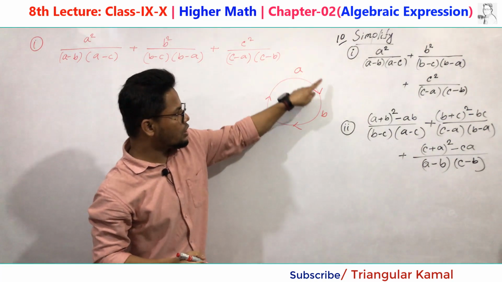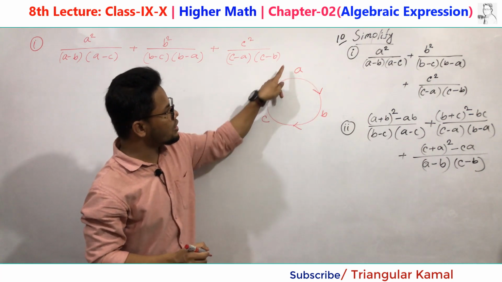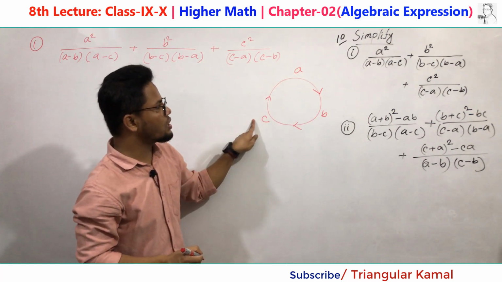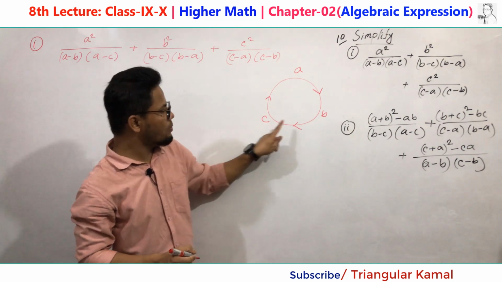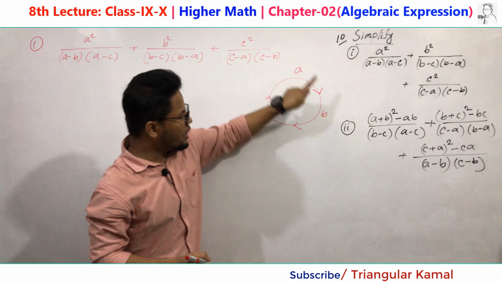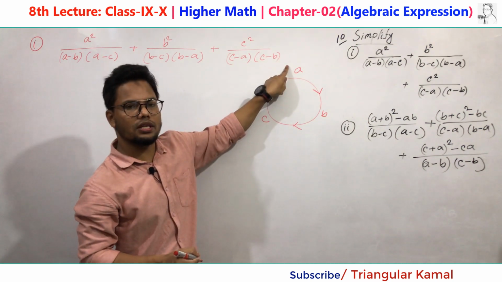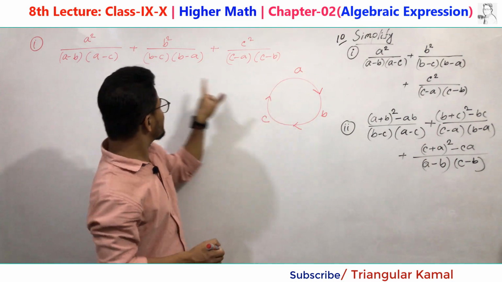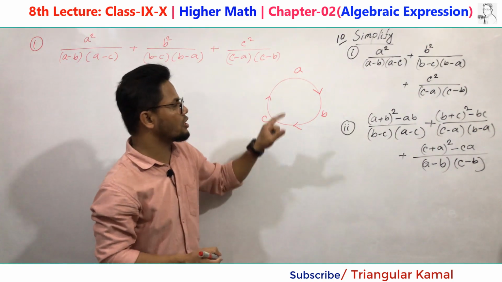So definitely it will be like clockwise in the three letters a, b, c. That is a minus b, b minus c, c minus a, or a plus b, b plus c, c plus a. So definitely first we have to arrange all denominators in cyclic order.